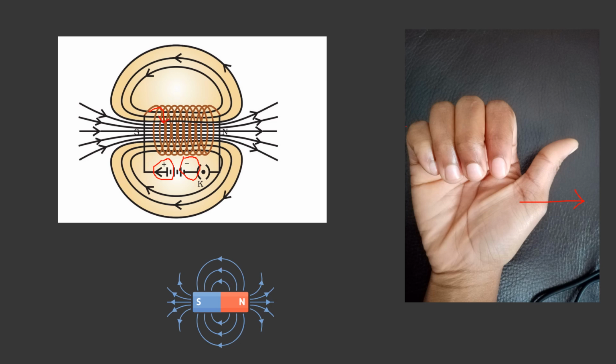The thumb will point in this direction. So this will act as a north pole, and this will act as a south pole, and your curled fingers will show the direction of the current. And here it's fine, but remember these arrows are supposed to be going towards the south pole, not outside of the north pole.